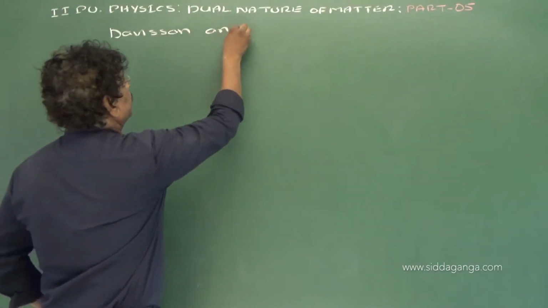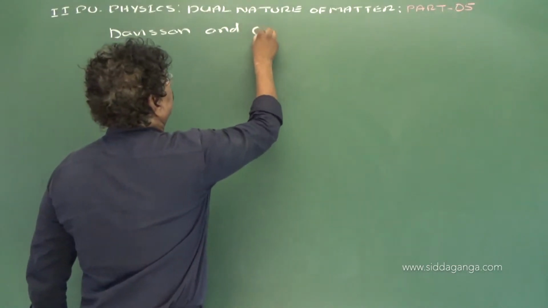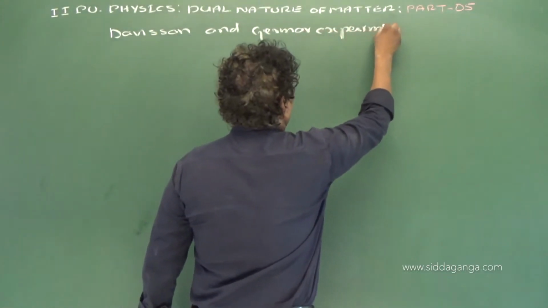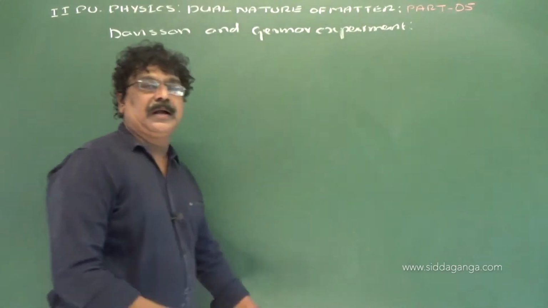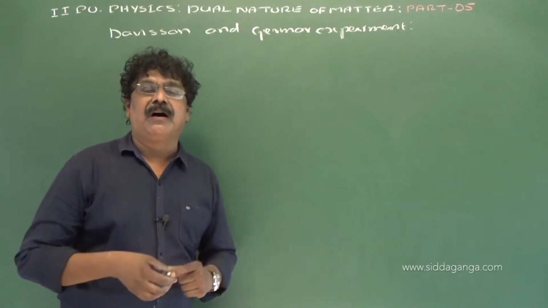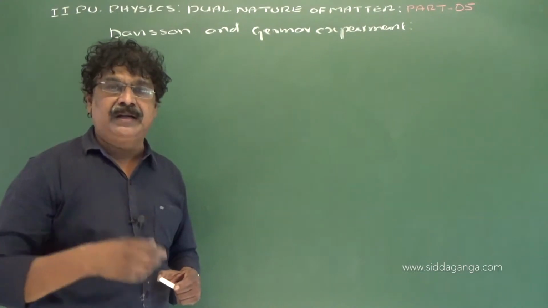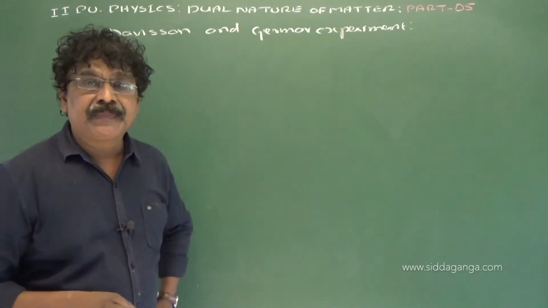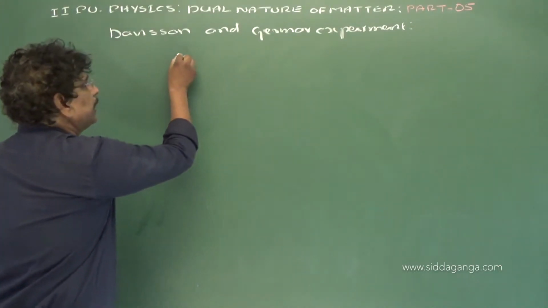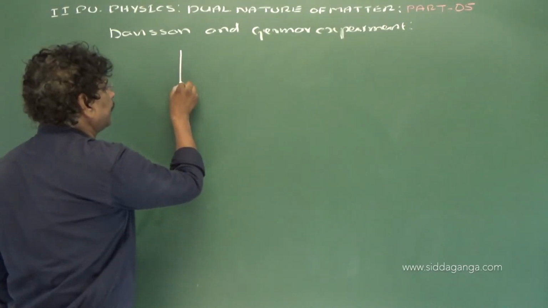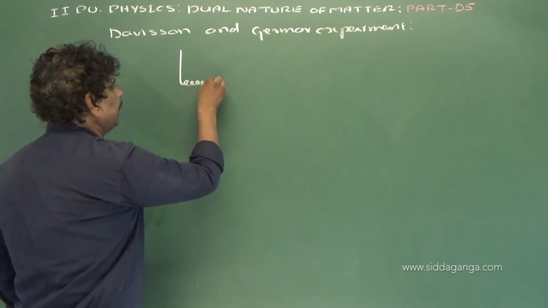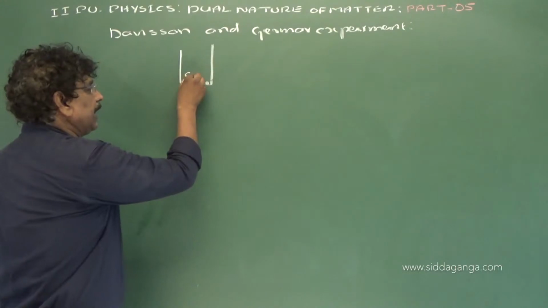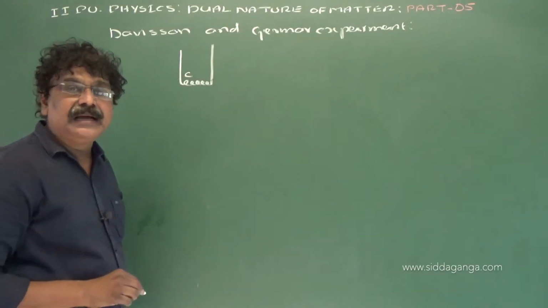The Davisson and Germer experiment demonstrates the wave nature of the electron by experimentally showing that electrons exhibit diffraction. Now the experimental arrangement consists of a filament, a tungsten filament, which acts as a cathode by emitting electrons.